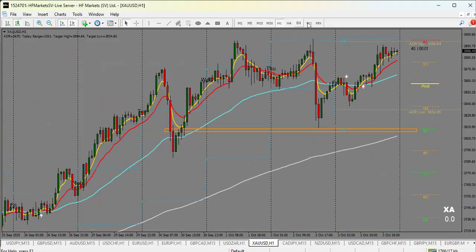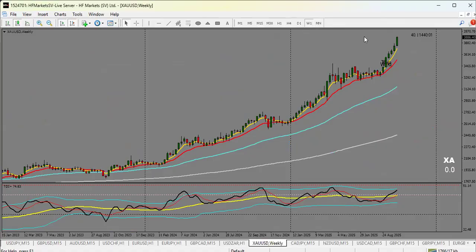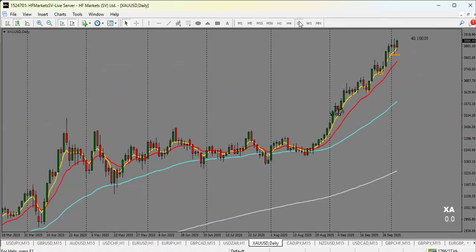So on gold now, a safe haven asset, you can simply see it's making new highs. Price is now around 3,886. It's making new highs every week. Price has formed a quick reset here, a bounce around the 5 EMA, just like what it did here, and we had a complete cycle.